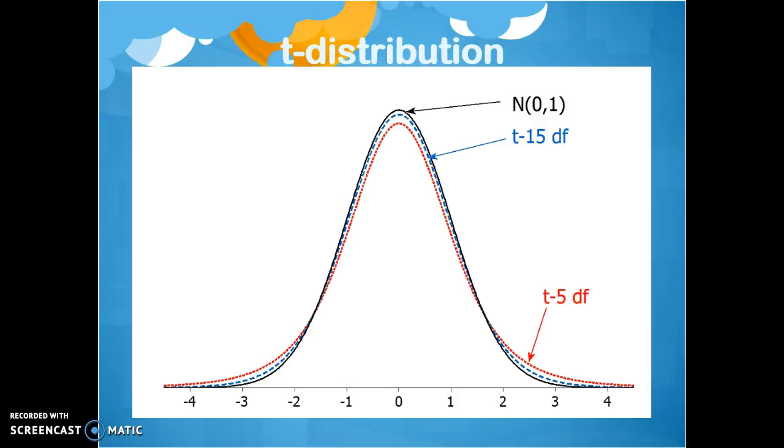The larger our sample, the more certainty we have. Therefore, as the degrees of freedom increase, our t-distribution becomes thinner in the tails, as shown in the blue line, and more closely approximates a normal distribution. Again, we use t-distributions because we cannot use the normal distribution, since we do not know the population standard deviation.